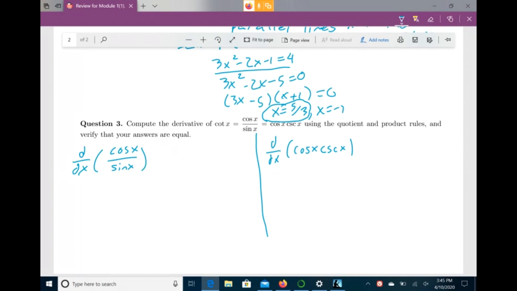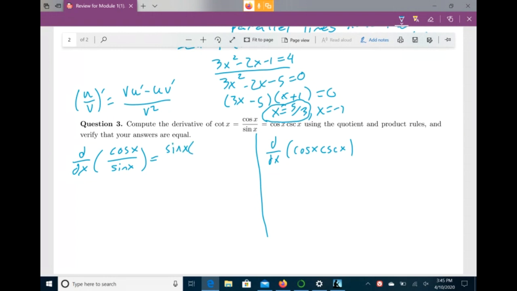Okay, so remember the quotient rule. Low d high minus high d low over low low. So if we take the derivative here on the left, we'll have low d high, so that's sine of x times the derivative of cosine.